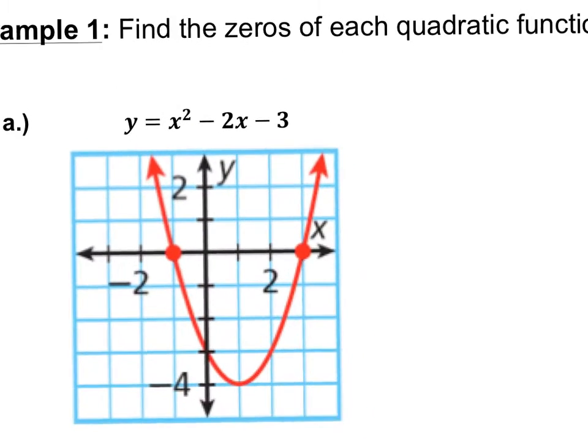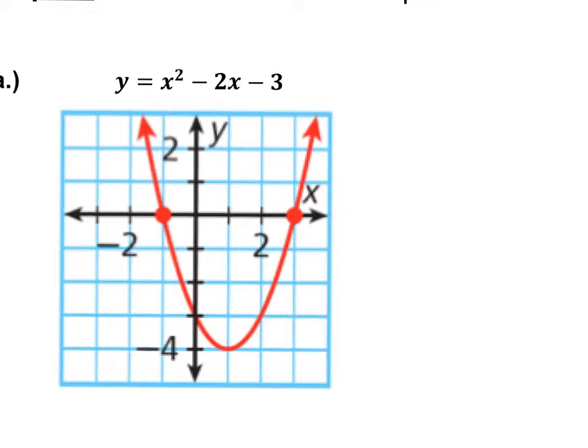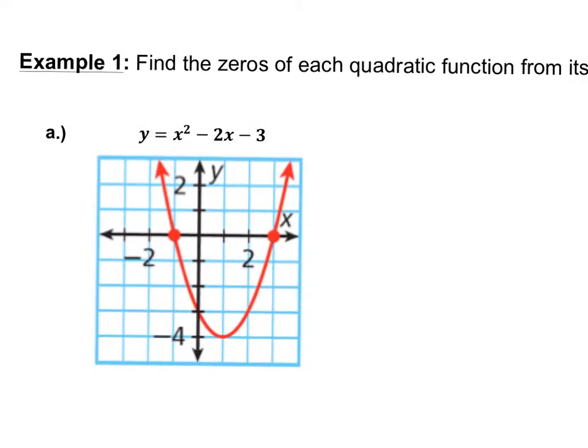If I asked you what are the zeros of this, what does the word zeros represent? What's the synonym? When they ask you to find the zeros of a function, what they are asking you to find is the x-intercepts, or the roots, or the values of x when y is 0. So the zeros are this and this.